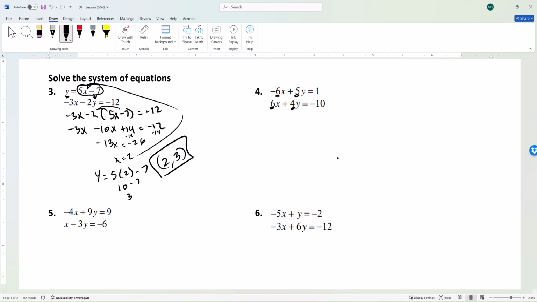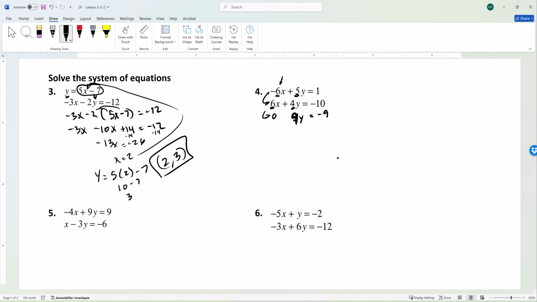So in this instance, because they're already opposites, -6 and +6, I can add my equations together. And the variable eliminates. So this is called Gaussian elimination, and you're allowed to add one equation to another to create a new one. So I added this equation to this one, and I created this new equation right here.